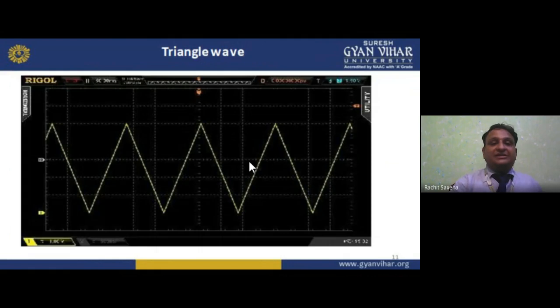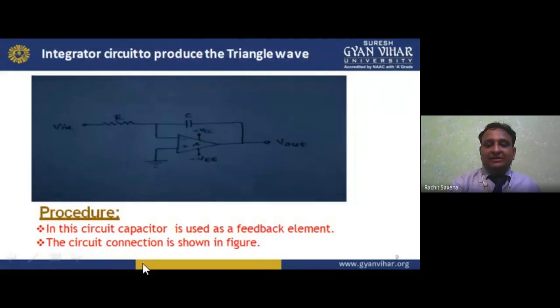Now, see here. In a CRO, we can find the triangular wave like this. A triangle wave or a triangular wave. If I apply this in this circuit, it is a feedback amplifier.